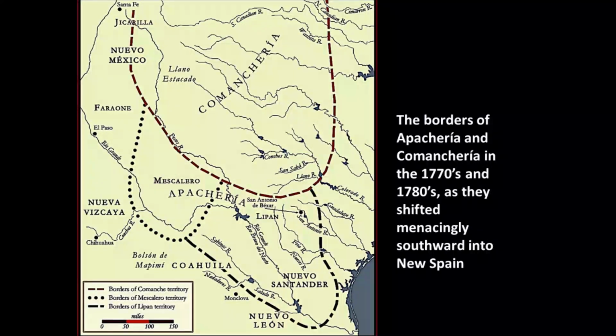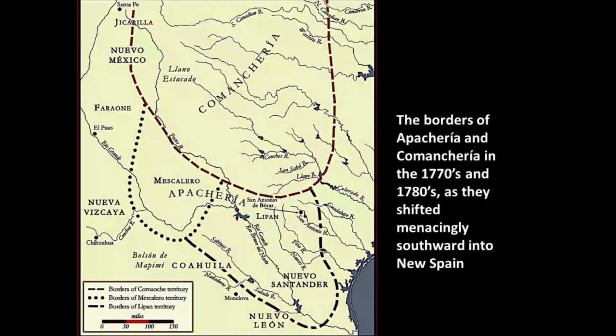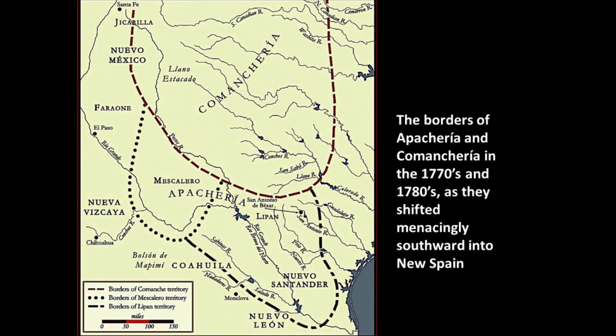They just shifted south. And so what we then find is that San Antonio becomes engulfed within the lands of the Lipan and the Mescalero. And of course they invade into Coahuila. So from a Spanish perspective, the Apaches never lost. They just shifted south. And so we should keep in mind again that shifting borders don't mean losses, they just mean that they shift somewhere else.